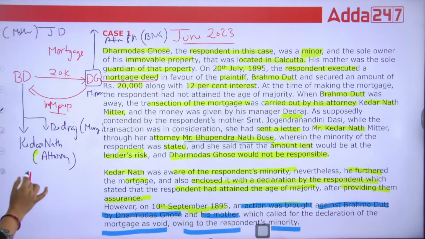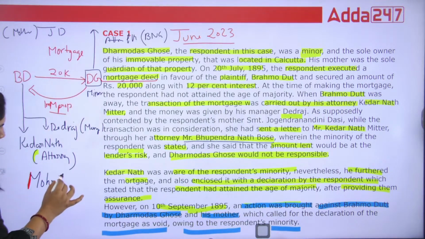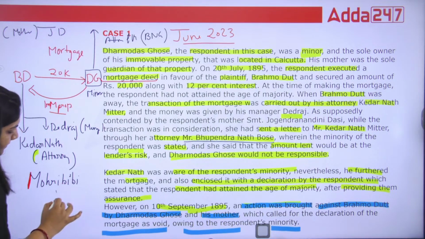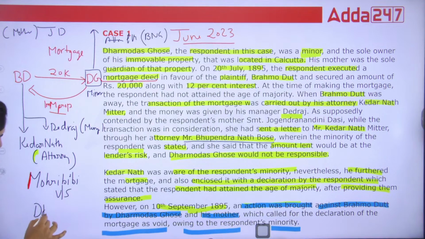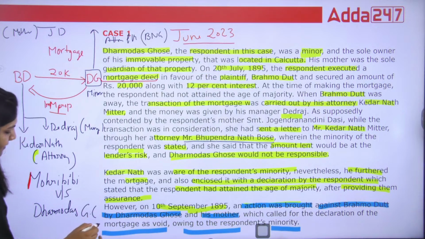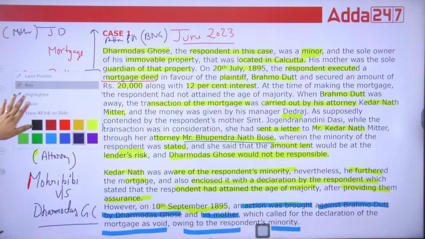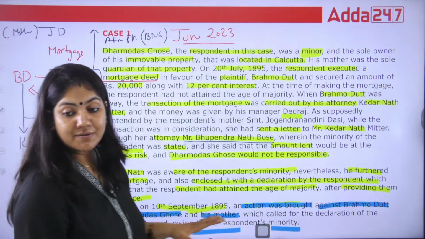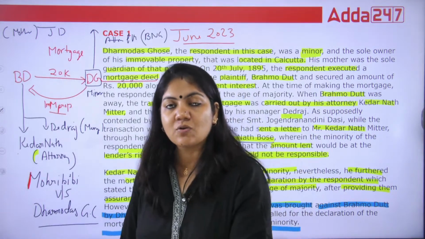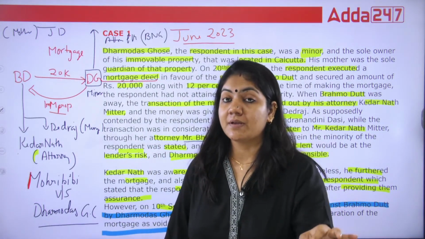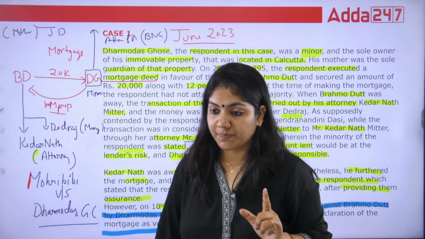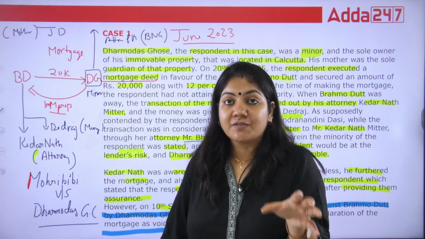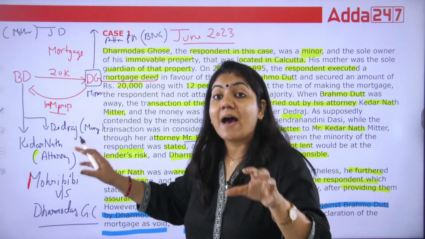The case name is Mohri Bibi versus Dharmodas Ghosh. Mohri Bibi versus Dharmodas Ghosh is the landmark case in which it was held that any contract done by a minor is void ab initio. What am I telling? Any contract done by a minor is void ab initio.